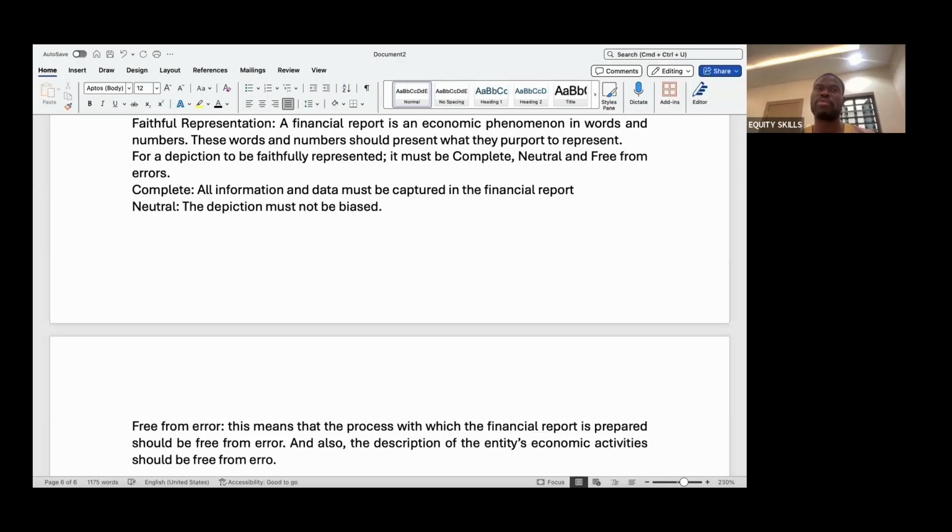So free from error really focuses on the process and the description, right? Those should be clean.